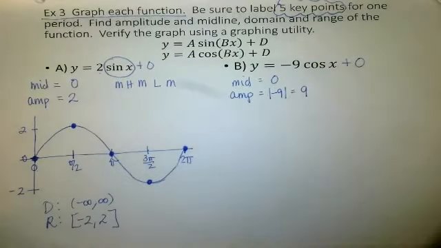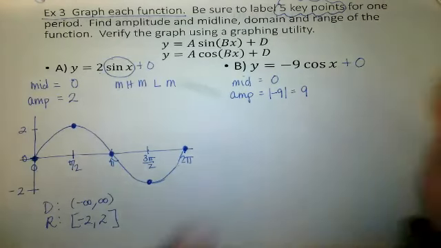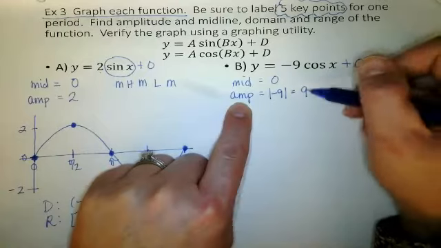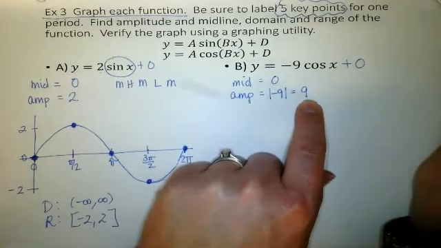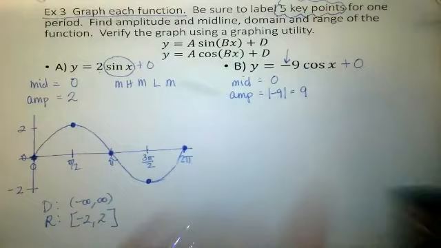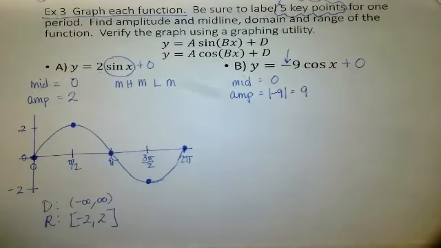The reason it's always positive is because the definition of amplitude was the distance between the midline and the highest value. Distances are always positive, okay? And so anytime I'm asking what is the amplitude, it is always going to result in a positive value. But what does the negative do to our cosine function? It flips it upside down.